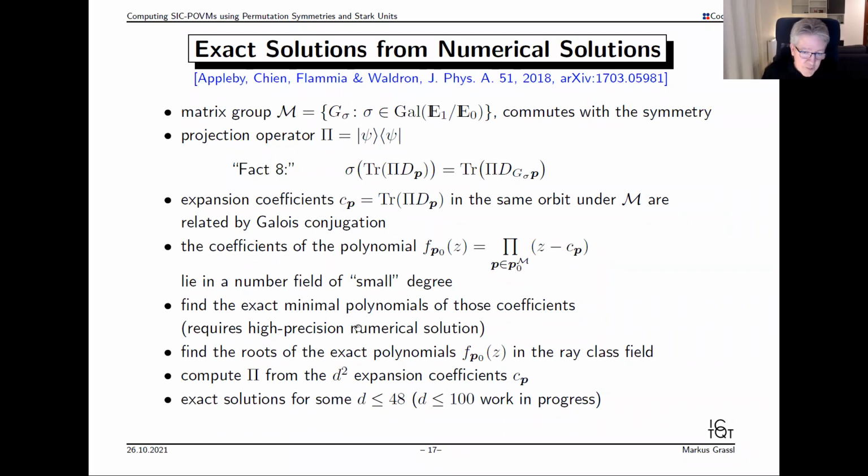When we have this polynomial, we know that it would factor over the Weyl class field, so we need to get expressions for that. If the degree of the field is not too big and the structure is nice, the computer algebra system Magma is able to calculate generators for us. So we can compute the roots, and then reconstruct our projection operator from these expansion coefficients.